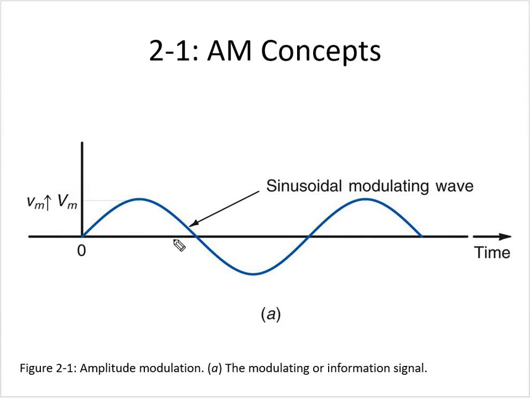It means that this is our original signal. Vm is the amplitude of this wave. You can see the maximum amplitude of this wave is Vm, and this signal we can refer to as the information signal or the message signal. Let's see the next slide.